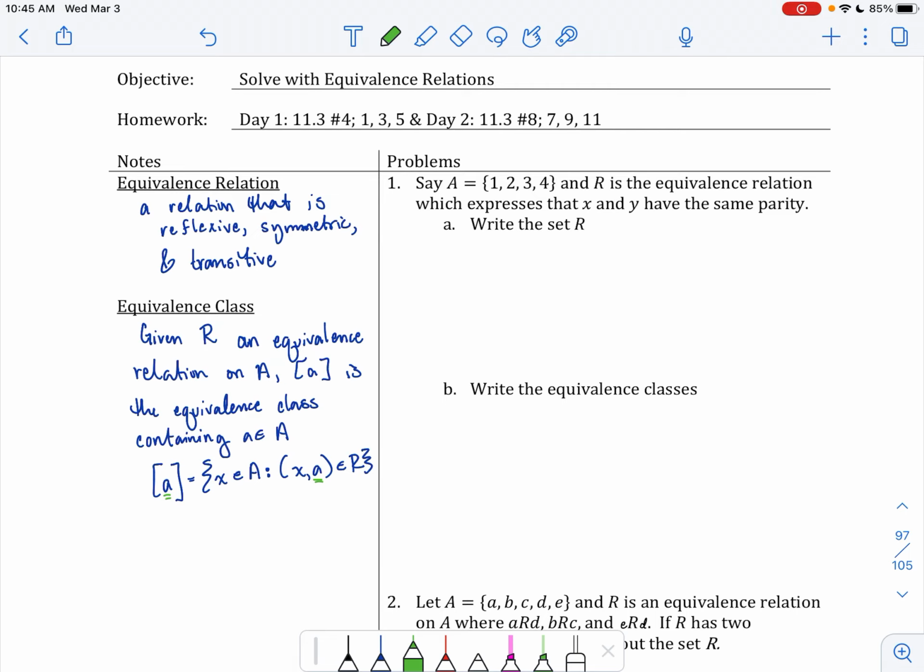So say A is the set {1, 2, 3, 4}, and R is the equivalence relation that expresses that x and y have the same parity. So write the set R. We know that it's an equivalence relation. Since it's reflexive, we can automatically start by writing out all these terms.